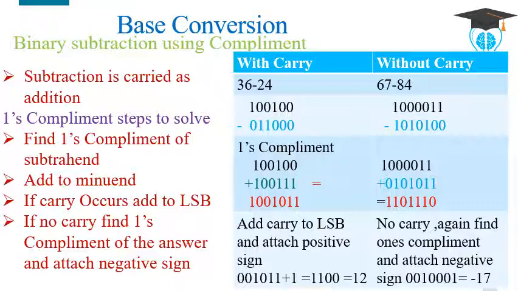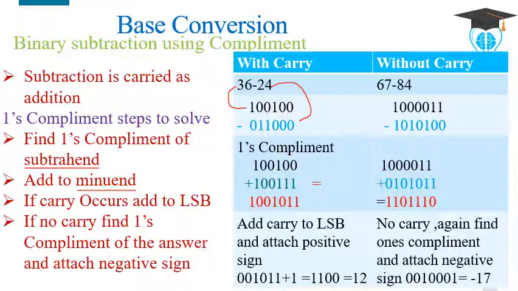First example, 36 minus 24. I will convert 36 into its equivalent binary and I will convert 24 into its equivalent binary. Now 24 is the subtrahend, the number to be subtracted. And 36 is the minuend.